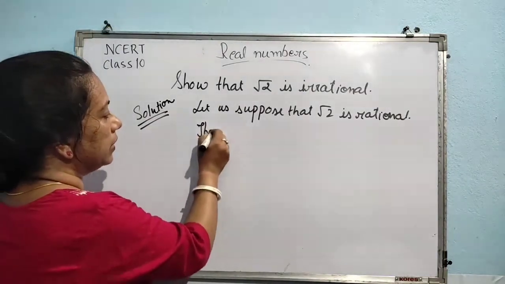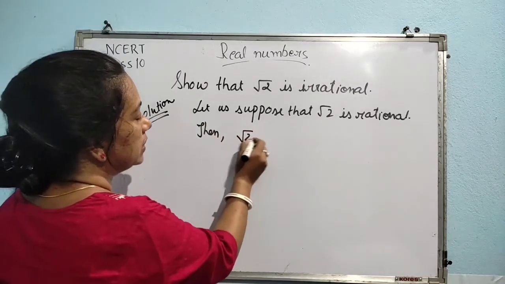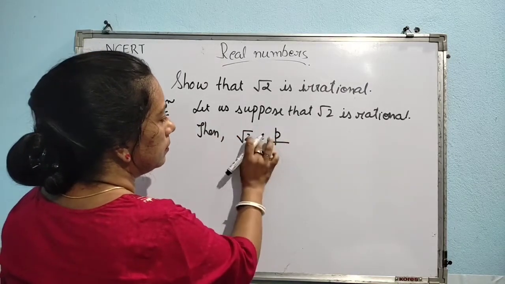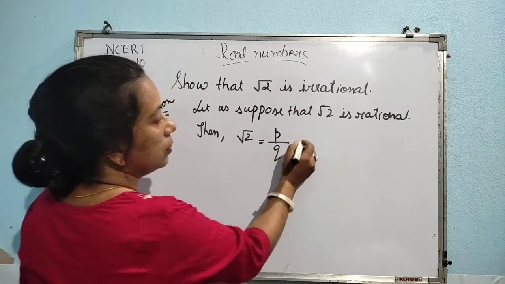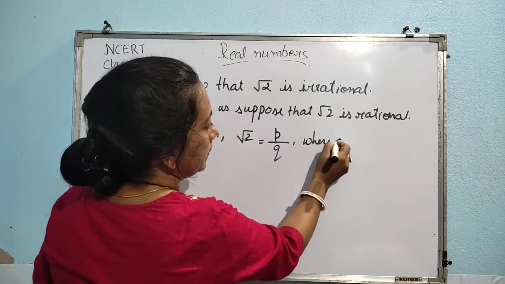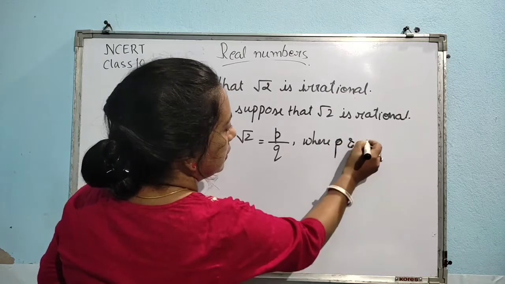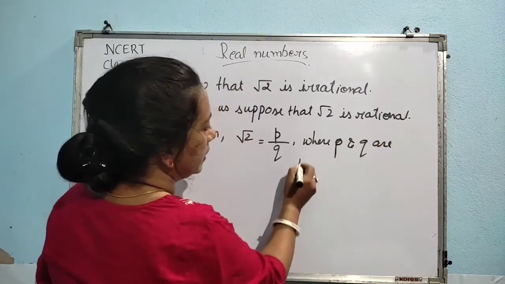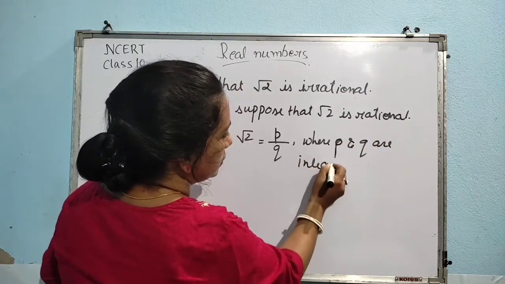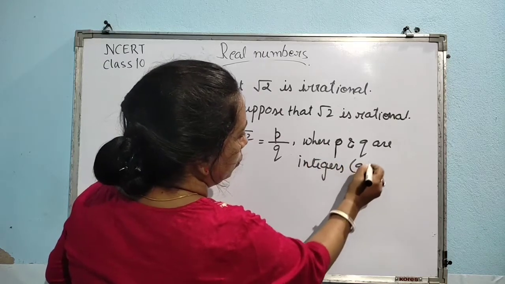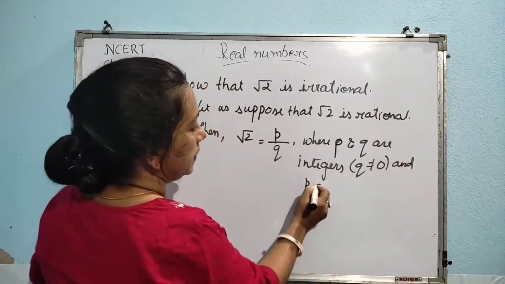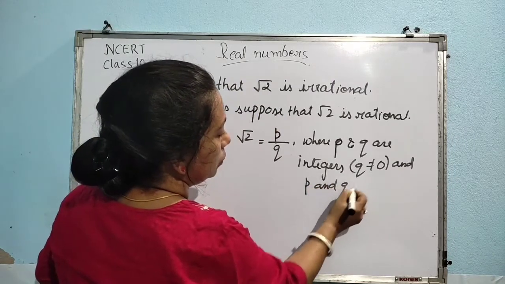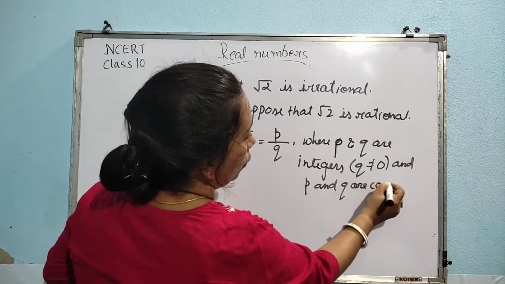Then root 2 is equal to p by q, where p and q are integers, q not equal to 0, and one more thing, p and q are co-prime.